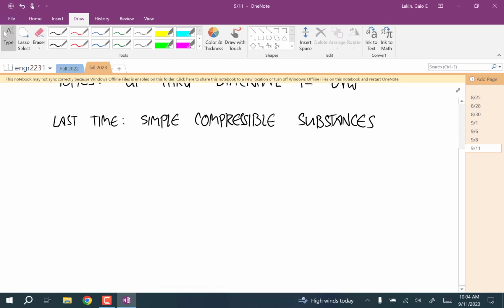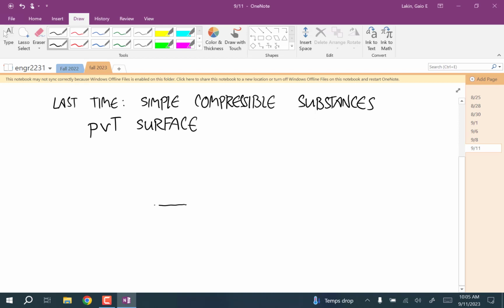And remember that the relationships between different properties in a simple compressible substance come from the PVT surface. Remember looking at that thing? And the PVT surface had a feature called the vapor dome.